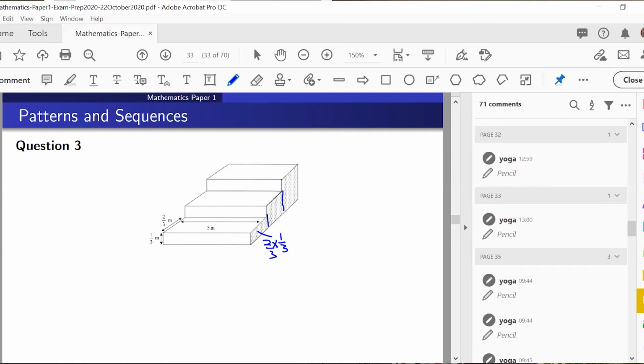In other words, that is this times that.